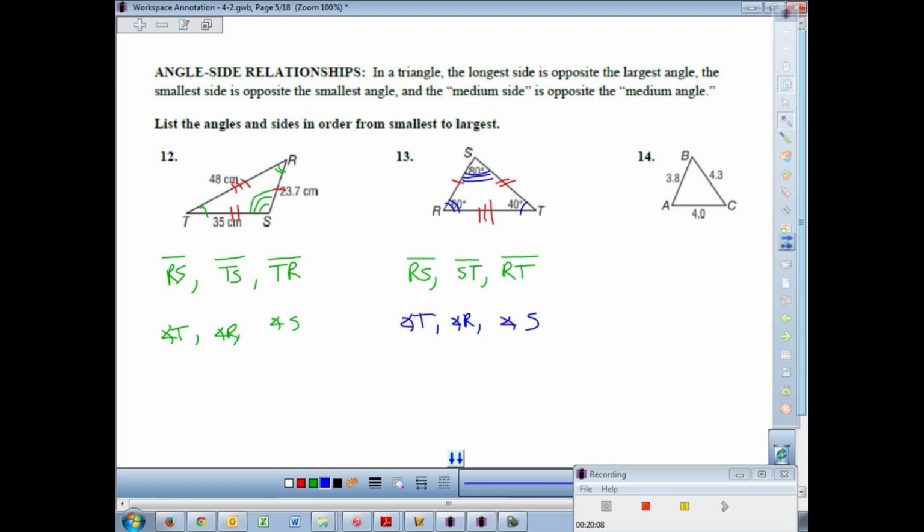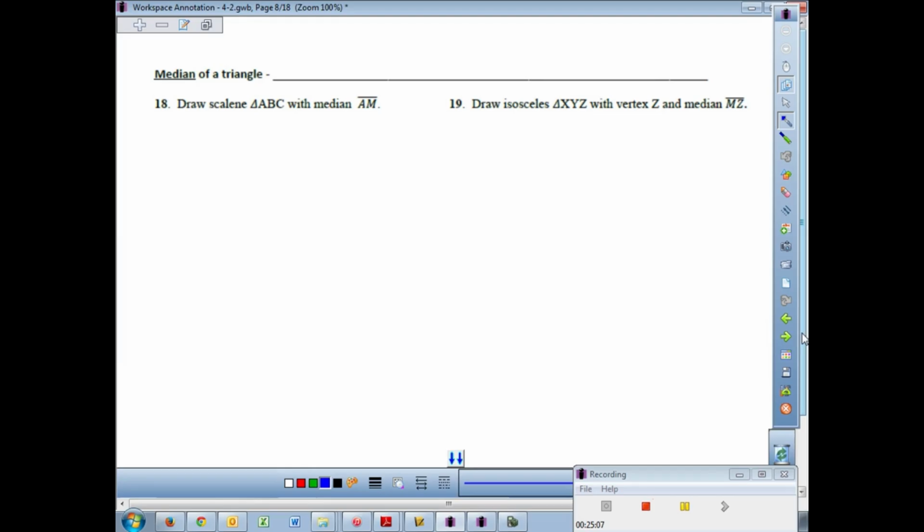Pretty simple game right there, right? One more. Get 14 done with your pal. That ends, pause the video. My question to you is, if you got that right, do you understand this concept enough to where we don't have to do those other 3 problems down there? Short across from short, medium across from medium, long across from long. Marking before, yes or no?